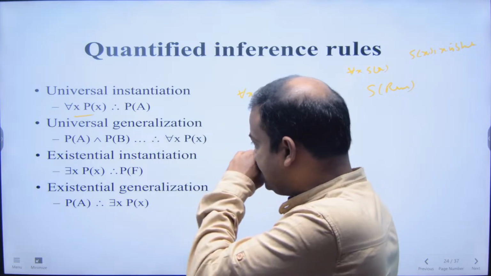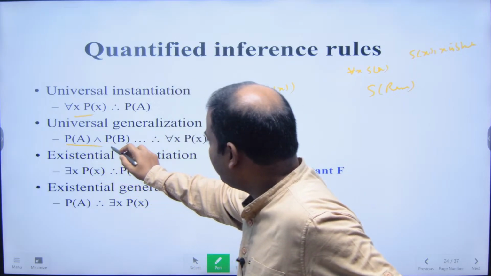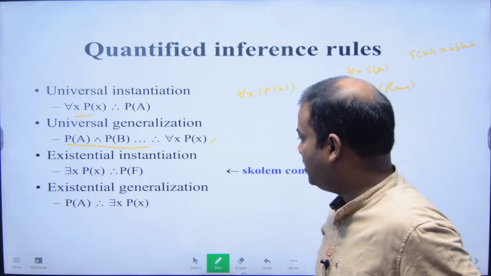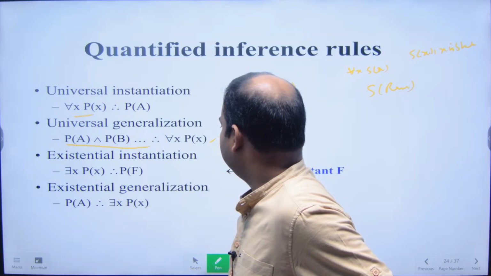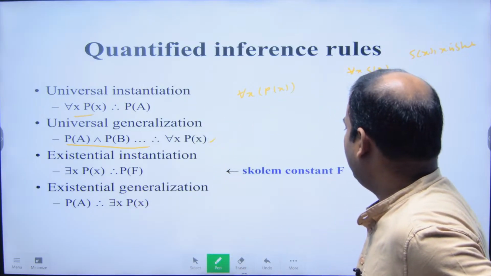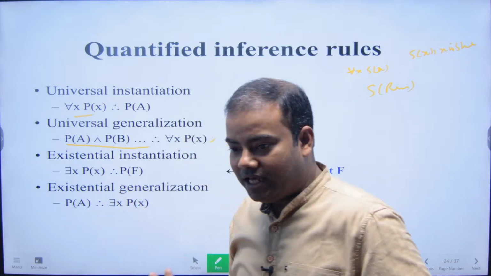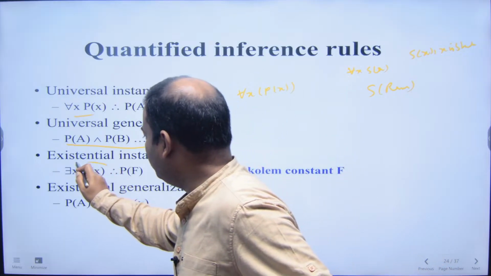Now universal generalization. Similarly, if it is true for all these elements, then you can write this. That is okay. What about existential instantiation? There exists x P(x). What does it mean? There exists at least one person for whom this is true.